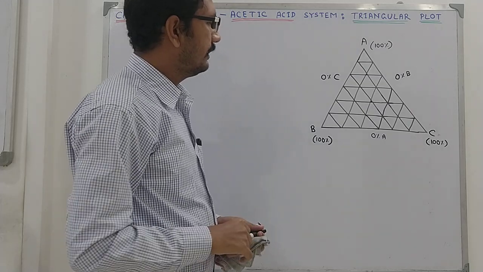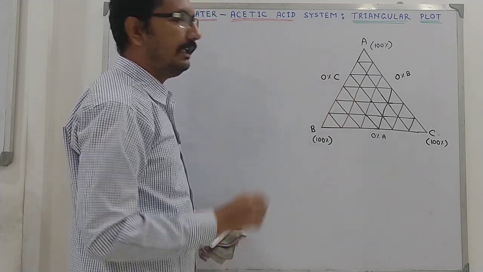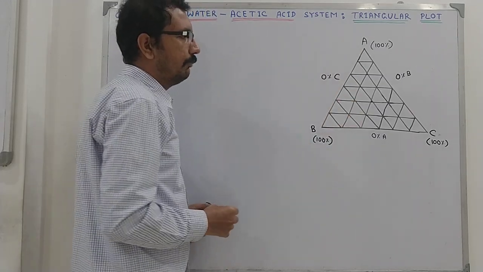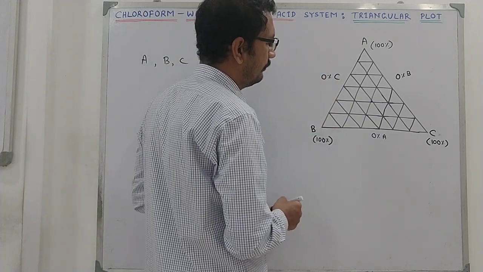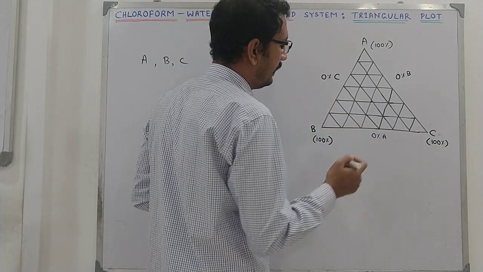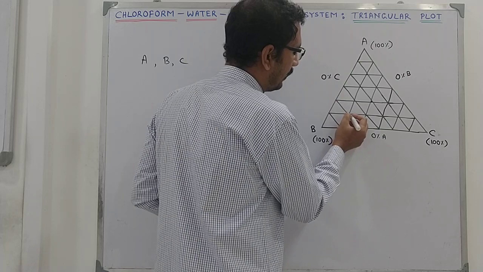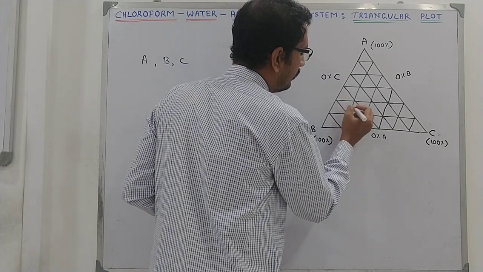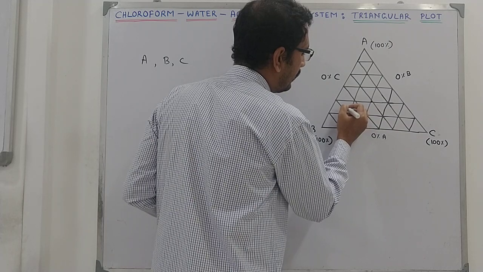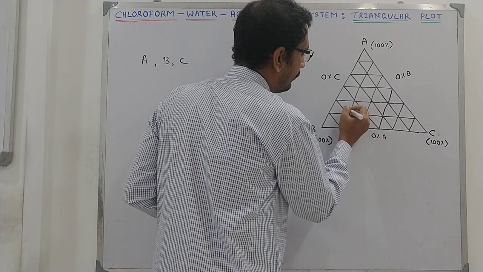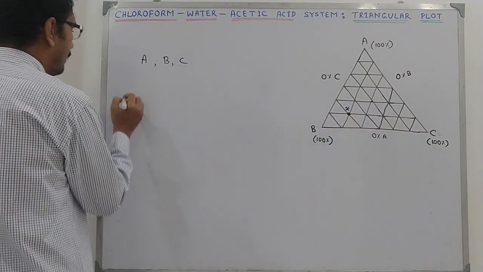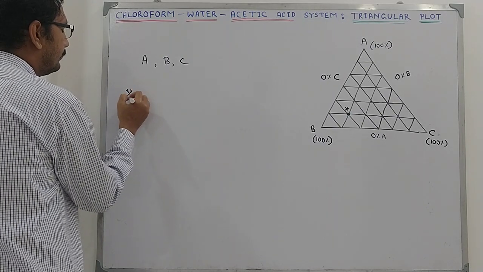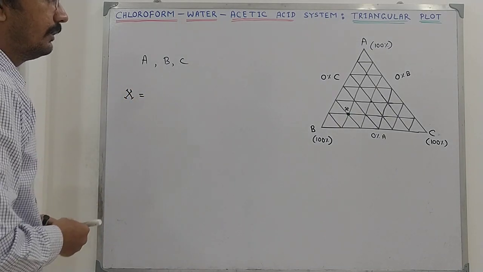Now let us take any intersection point within this triangular plot. You may take any one. Say, if you take this one, what will it indicate? Let us name this point as x. So we have to find the composition of point x.